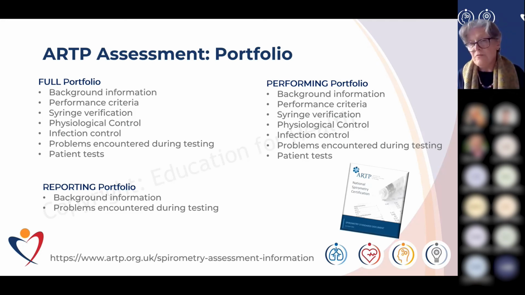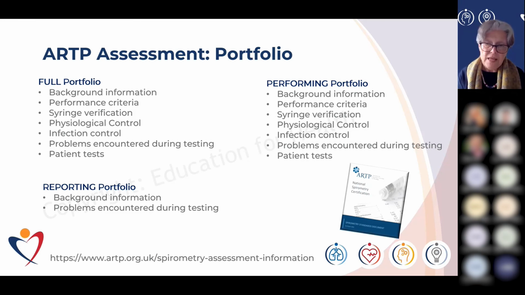And of course, you're going to provide your own patient tests that must be quality assured, repeatable, and making sure that all the indices, the ones that we spoke of right at the beginning, so the FVC, the FEV1 and the VC are all within 150 mils, or at least the top 2 are.